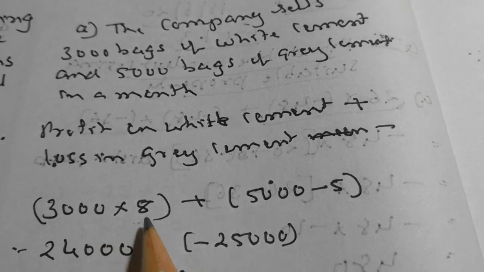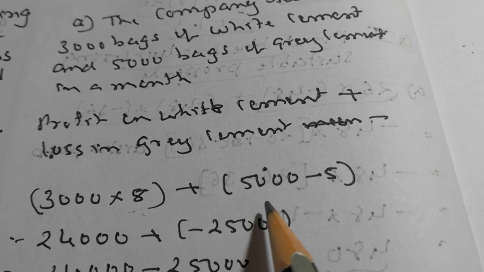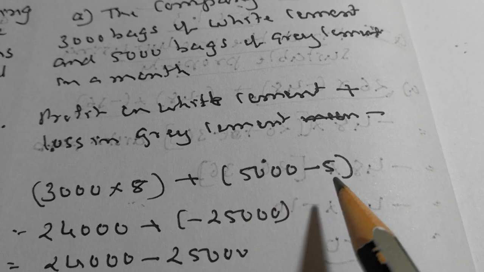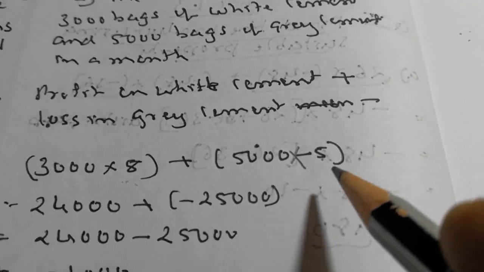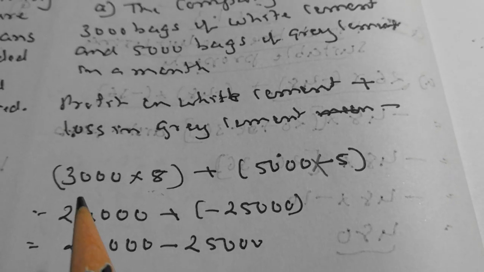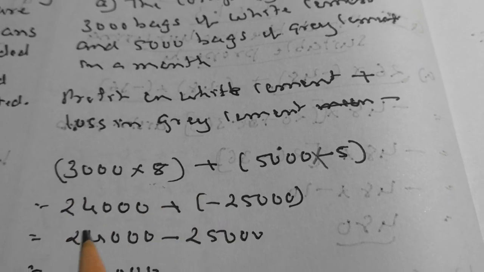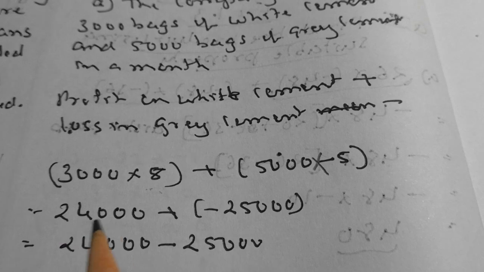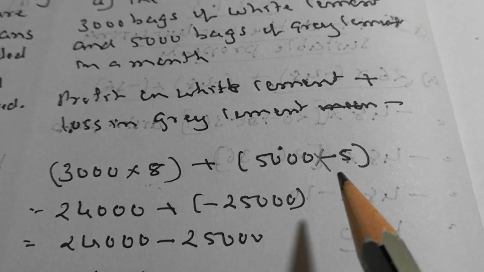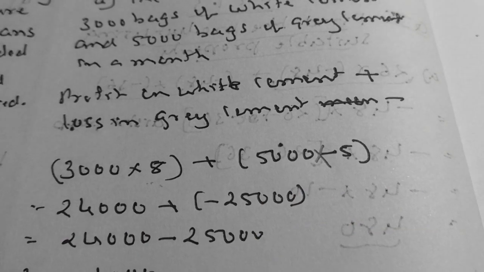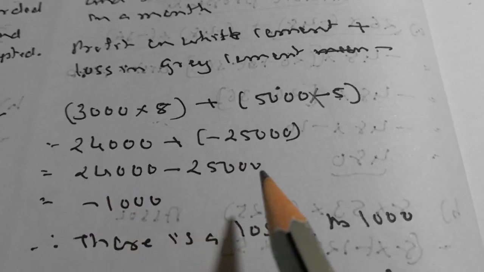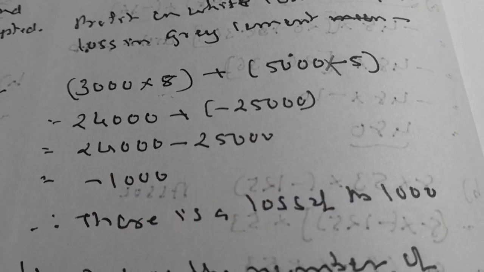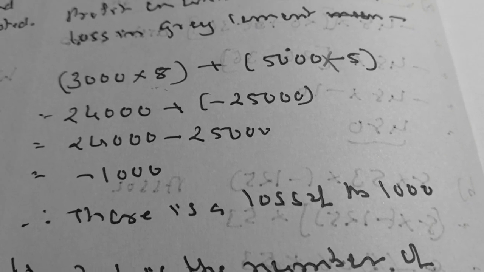So 3000 multiplied by 8. And 5000 bags of grey cement, and there is a loss of 5 rupees. That means multiply by -5. So 3000 multiplied by 8 is 24,000, and 5000 multiplied by -5 is -25,000. Plus of minus. So 24,000 minus 25,000, that is -1,000. So the company is going to make a loss of rupees 1,000.